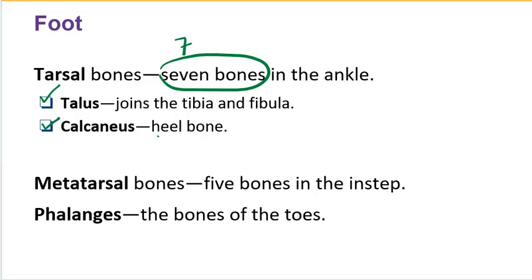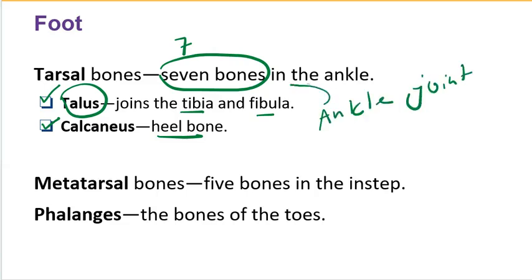The calcaneus is our heel bone, and the talus is the bone making the ankle joint by articulating with the tibia and fibula. So our ankle joint is the articulation between these 3 bones: fibula, tibia, and talus.